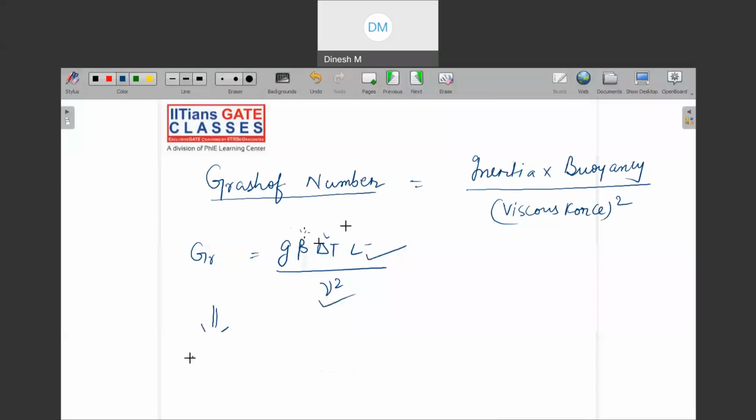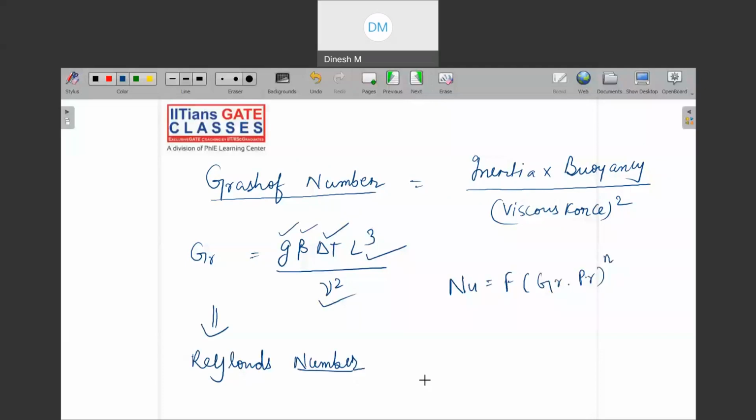Okay. Then what is the Nusselt number here? The Nusselt number is again a function of the Grashof number and the Prandtl number to the power n. So the Nusselt number is some constant into Grashof into Prandtl to the power n.